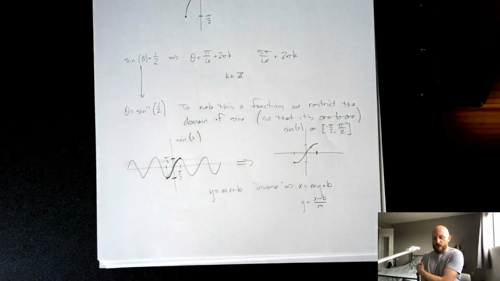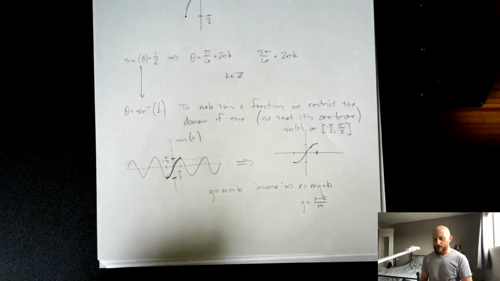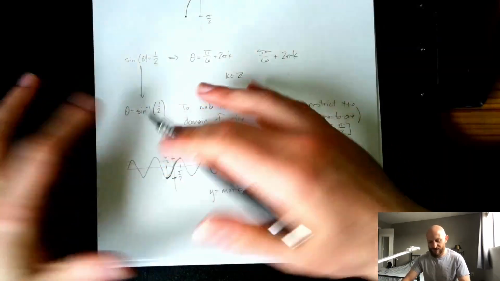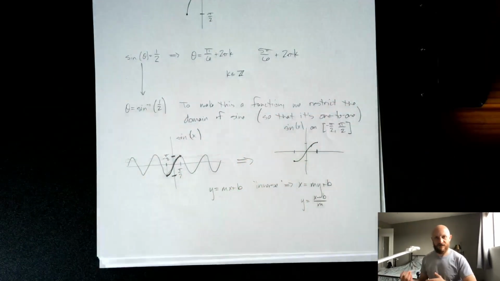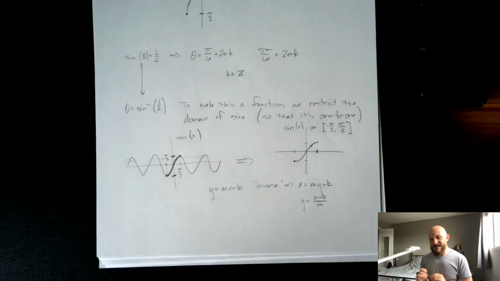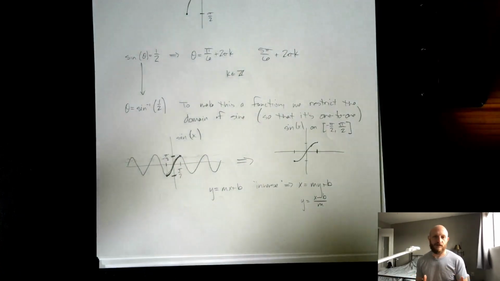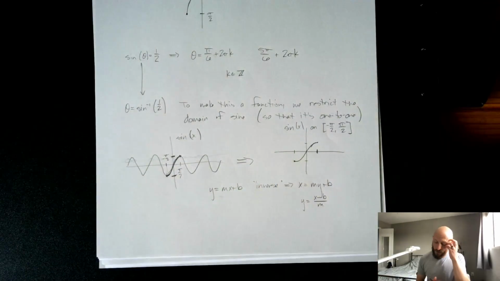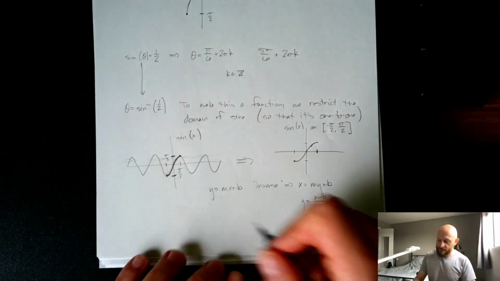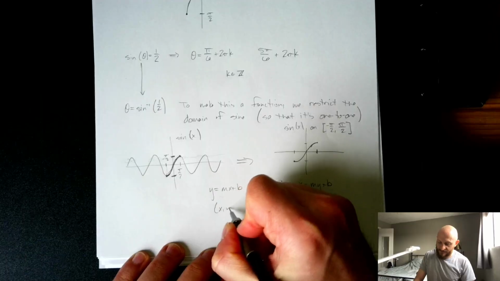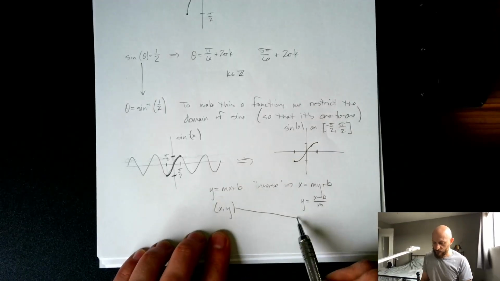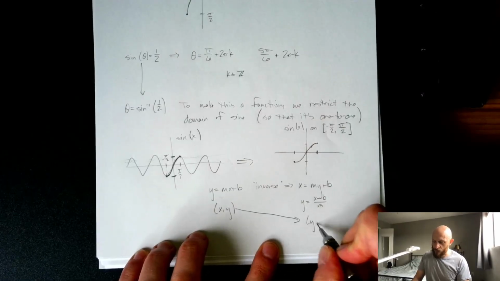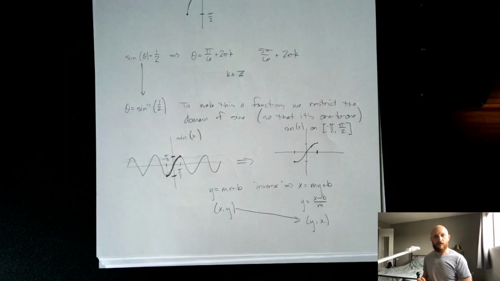It's the same thing with sine, although it's not all that helpful, because all that you end up with is that the inverse is just equal to the sine inverse. An easier way of doing this, especially so that we can plot all of this onto a graph, is that any point x, y that is touched by the original function corresponds to the point y comma x on the inverse function.